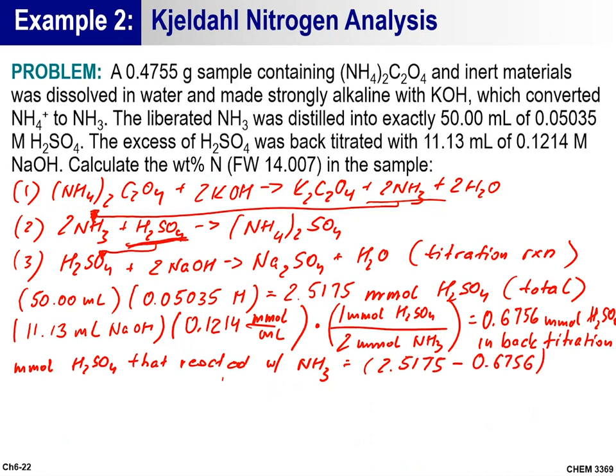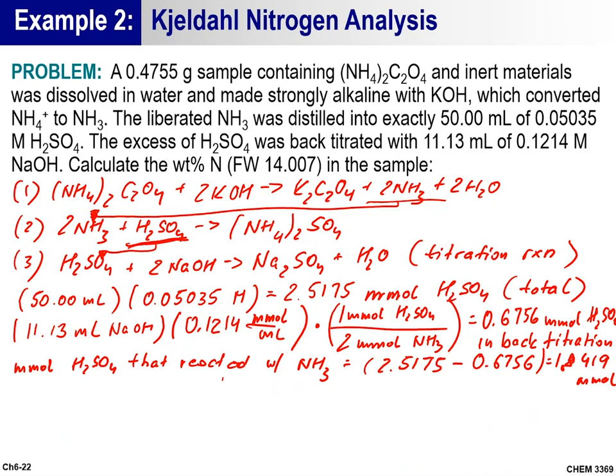Okay, so this is 1.8419 millimoles of H2SO4 reacted with ammonia. But we need 2 moles of NH3 per 1 mole of H2SO4.